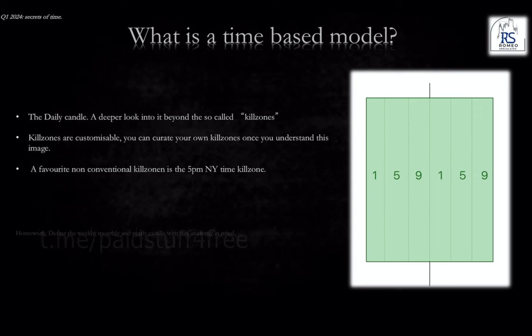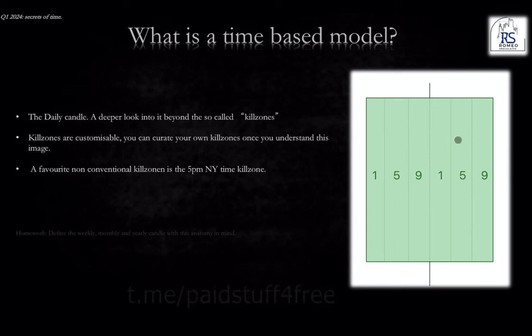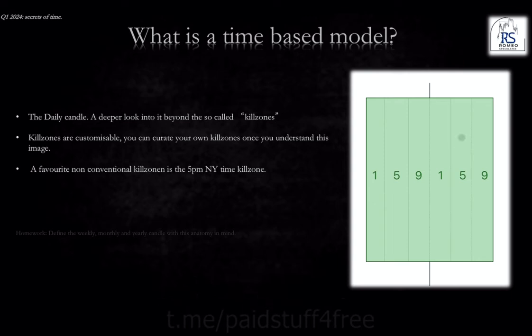This is a look at the daily candle beyond the so-called kill zones. The daily candle has 6 4-hour candles, hence the importance of the numbers 159, 159. This is something I've hinted at before and spoken about in the previous private group, which was level 2, Time and Turtle Soup, which you can find on the website, link in the Twitter bio.